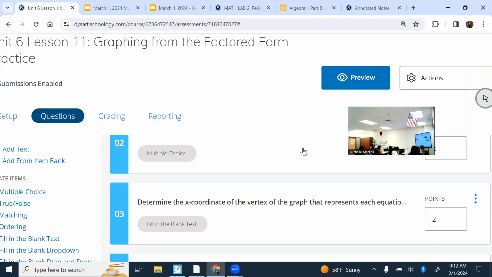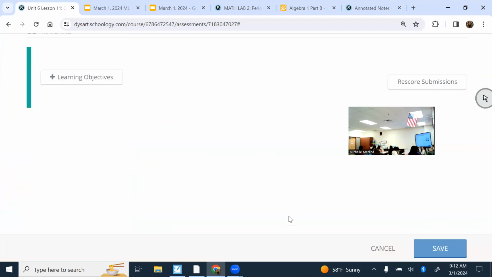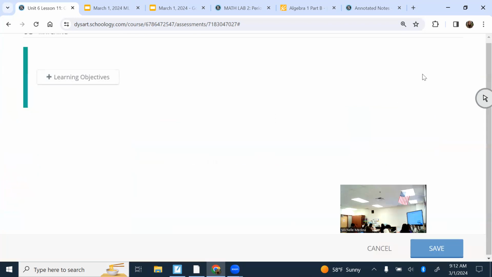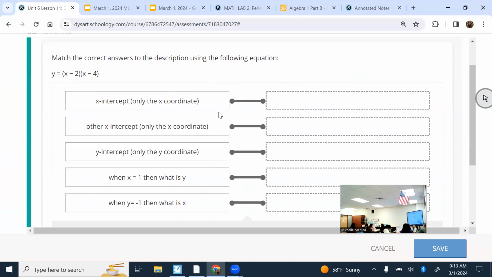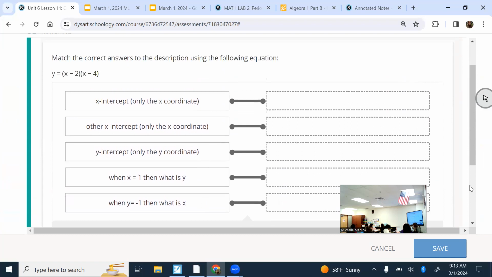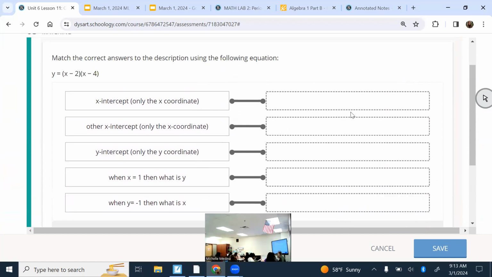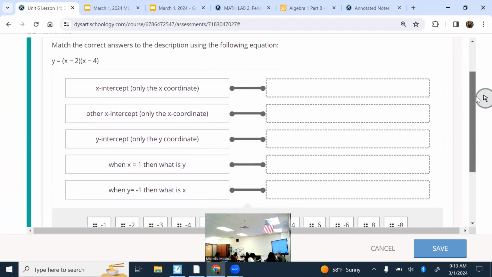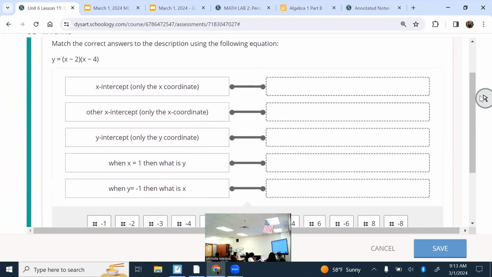Questions on other things? Mujmel, sorry, he had his hand up. Number 5. Okay. So match the correct answers to the description using the following equation. All right. So we want just the x-intercepts, which I think there's 2.